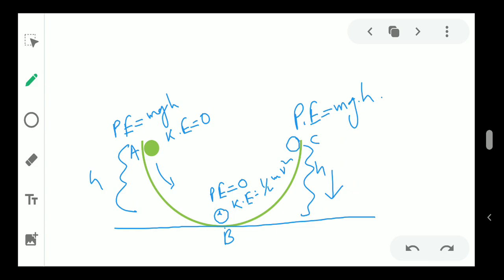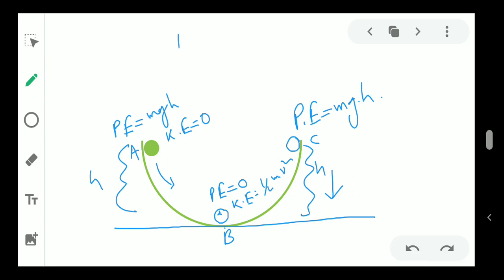So if you drop a marble from the edge of a bowl, don't worry, it will not go out of the bowl, because to go out it has to gain more energy, which is not possible. Rather, there is also friction with the bowl, so obviously it will reach less height than h. But we are not considering it, just for the sake of the conversion, we are talking only about conversion.